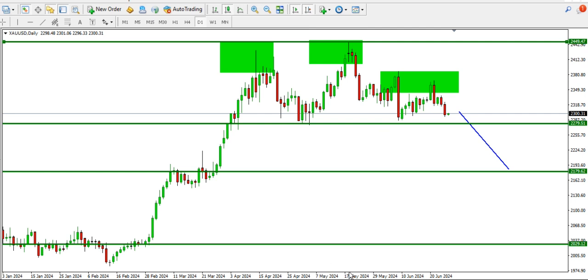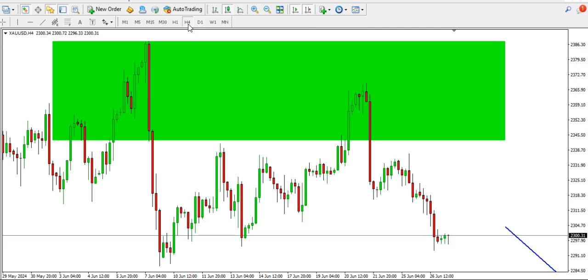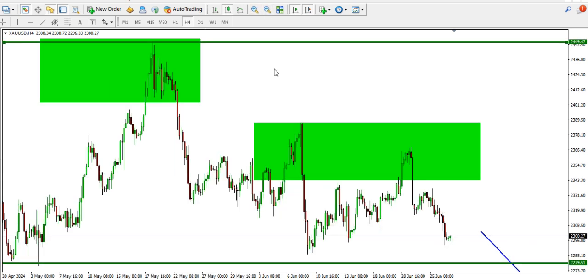So let's quickly run to the 4-hour time frame and see what we have. On the 4-hour time frame, we can see that we have a high here, we have a low here, lower high, lower low, lower high. Now price needs to break this structure.